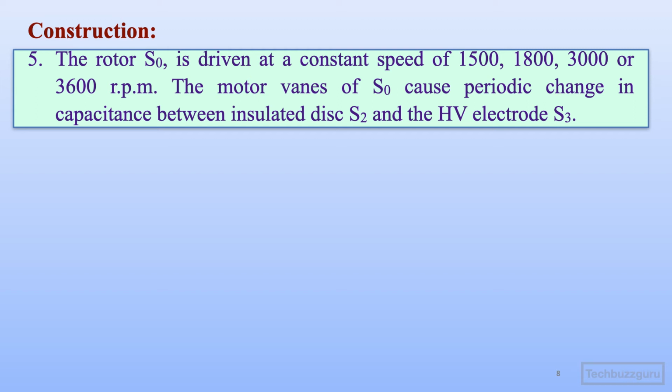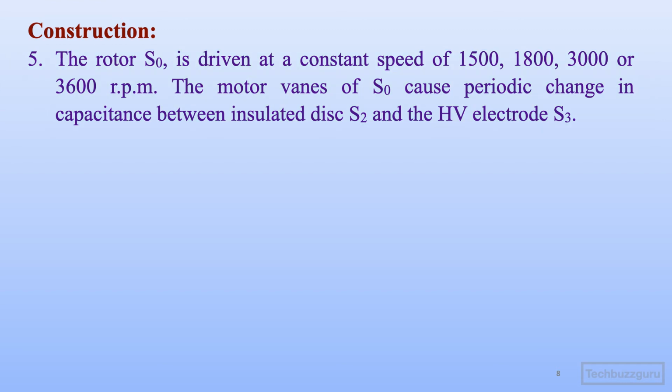Usually this speed has a fixed value of 1500, 1800, 3000 or 3600 rpm, depending upon the requirement of the voltage to be measured and the synchronous motor construction. The rotor vanes of S0 cause a periodic change in capacitance between the insulated disc S2 and the high voltage electrode S3.